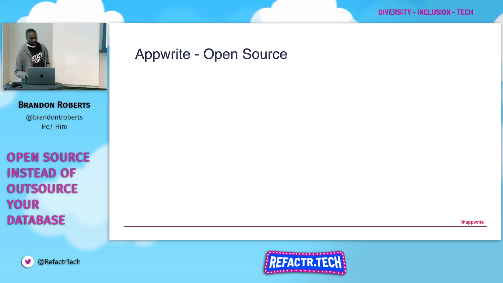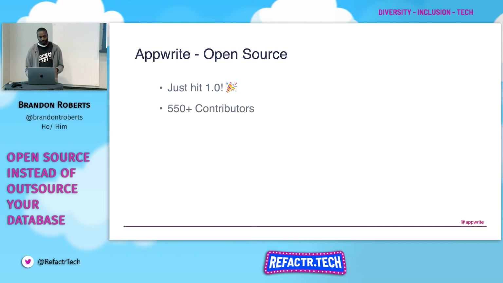Just some information about AppWrite: it just hit 1.0, so it's a big thing in open source. It's been in development for, I believe, over 3 years at this point, but finally reached the 1.0 milestone, so definitely proud of that. Contributors can be a sign of a healthy open source project.